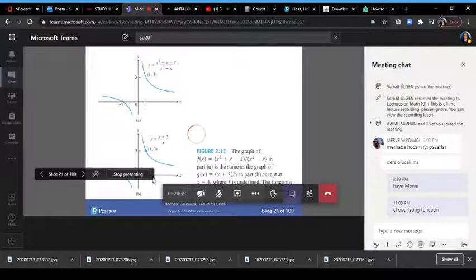So this function and that function are almost the same except at one point, x equal to 1. And the question is, what is the limit as x approaches 1 from the right and from the left? It's the same, which is 3. This is a function that's not defined at 1, but that is a function that's defined at 1.